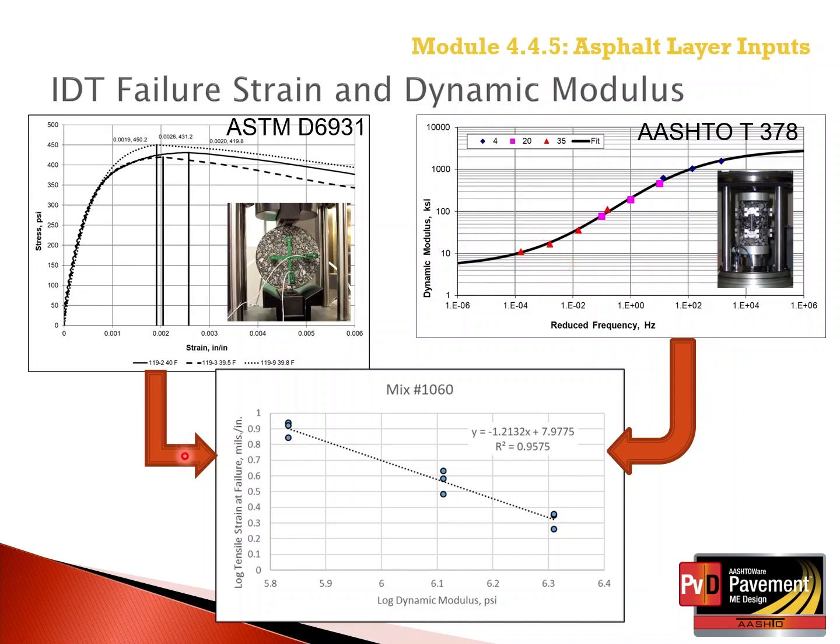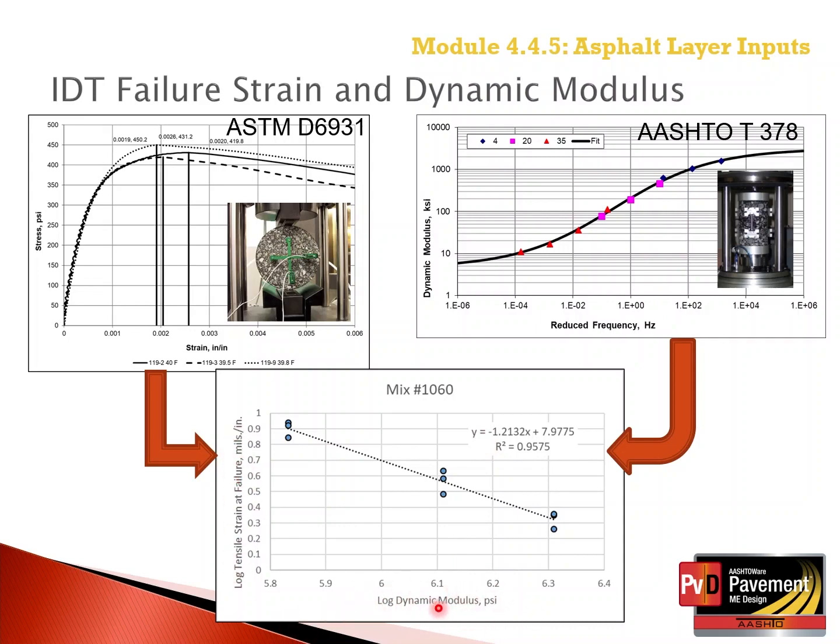The two test outcomes, tensile strain at failure and dynamic modulus at the test temperature and a loading of 10 Hertz, are combined to determine the relationship between tensile strain at failure and dynamic modulus.